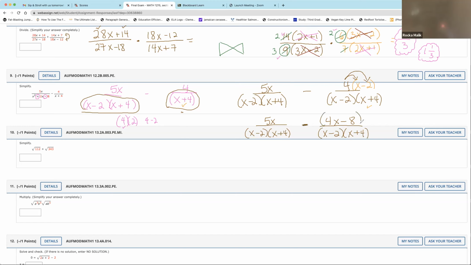Minus all of this. When it's a minus, I put the brackets. It's like a little protection vibe. And it reminds me that I have to distribute. I have to give this minus sign to every term in this bracket.